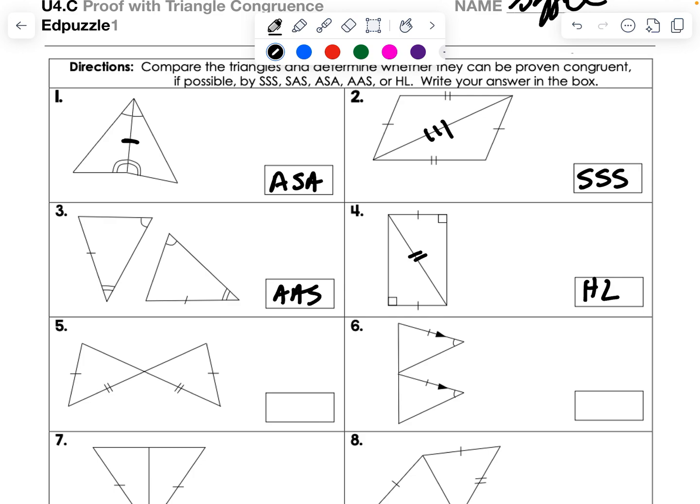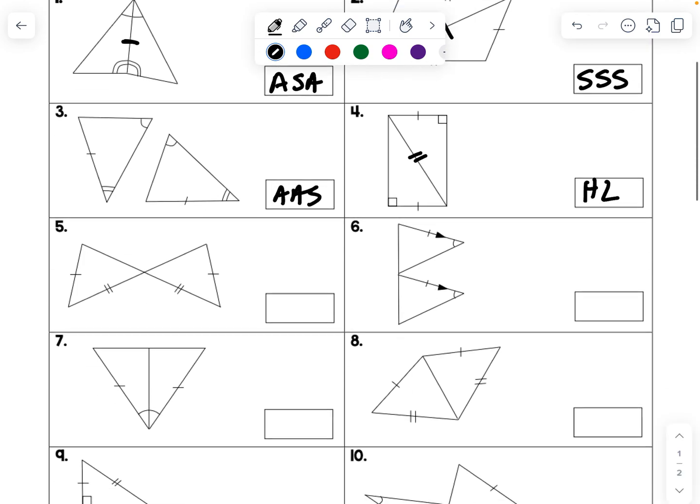I do also want to say that in reveal, occasionally they'll talk about leg leg, because obviously if you had leg leg, you would also have leg hypotenuse. So there are some other ones out there. HL is just what we focus on, but pay attention to that.